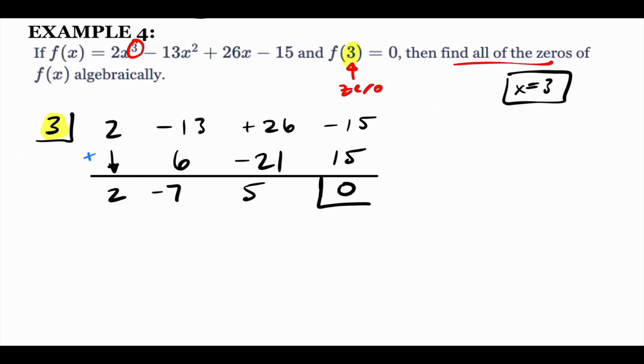Let's give it back its x's and x squareds. So we start with the end. Positive 5 doesn't get an x. It's the constant. Negative 7 is going to get an x. And then 2 is going to get an x squared.